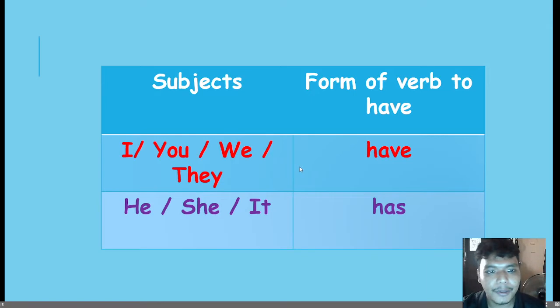Okay, for example, look at this, everybody. We have subject, and we have the form of the verb to have. We're going to learn about the verb to have.